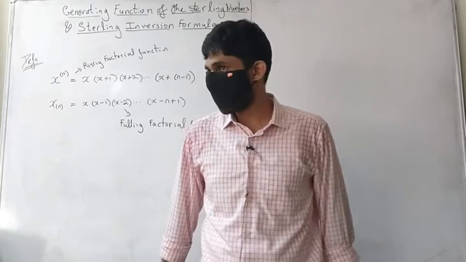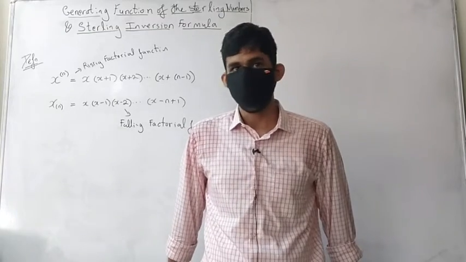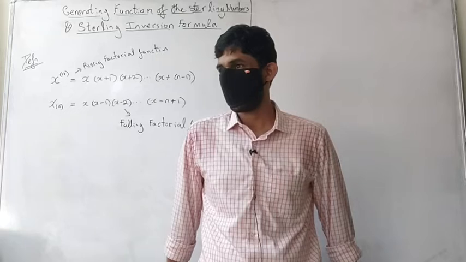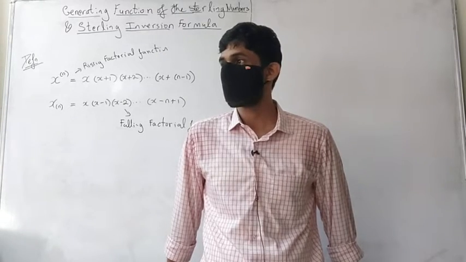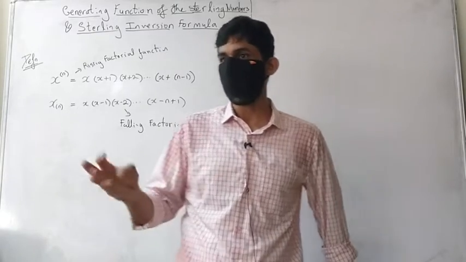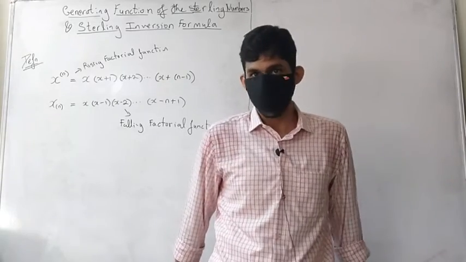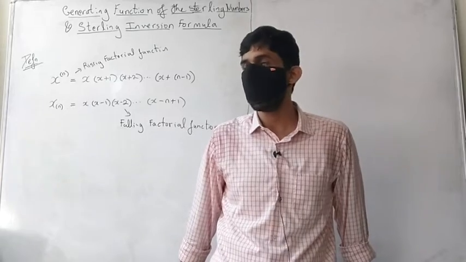Any idea what's the dimension of that vector space? N plus 1. Can you give me a basis for the vector space? Yeah, 1, x, x squared up to x raised to n, right? So it's an n plus 1 dimensional vector space. Okay, I will not prove it. You can attempt doing this. It's quite simple.